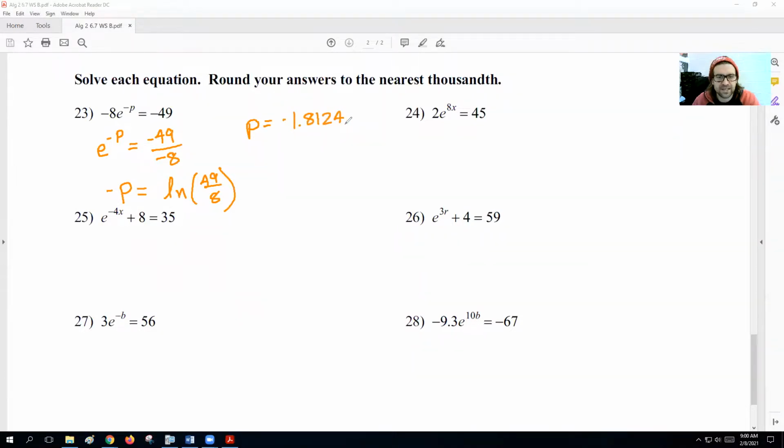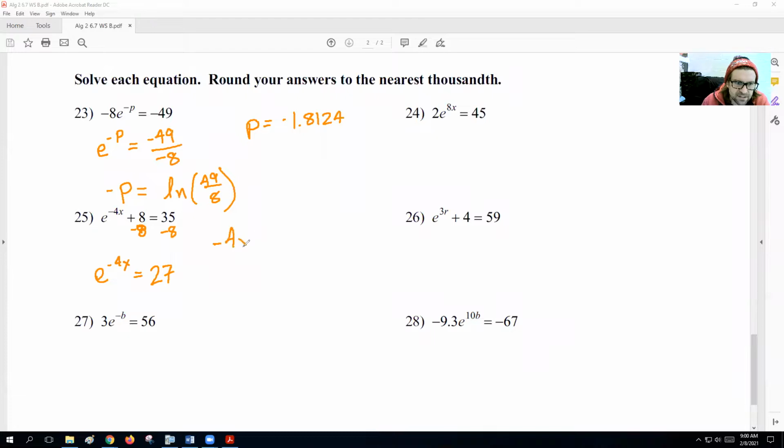All right, so the key is to isolate it. If you look at problem 25, we've got all this going on here. First thing you've got to do is subtract this 8, 7, subtract 8. We get e to the negative 4x power is equal to 35 minus 8, what's that, 27? All right, now let's take the natural log, oop, forgot to put the e there. If we take the natural log, it goes away.